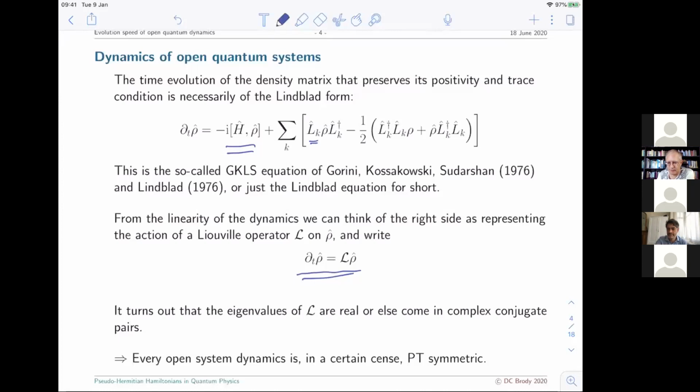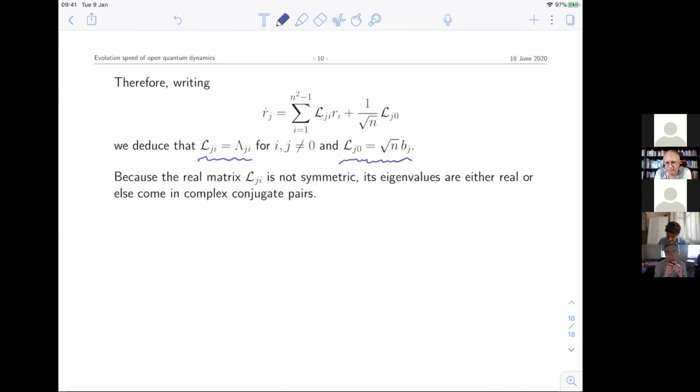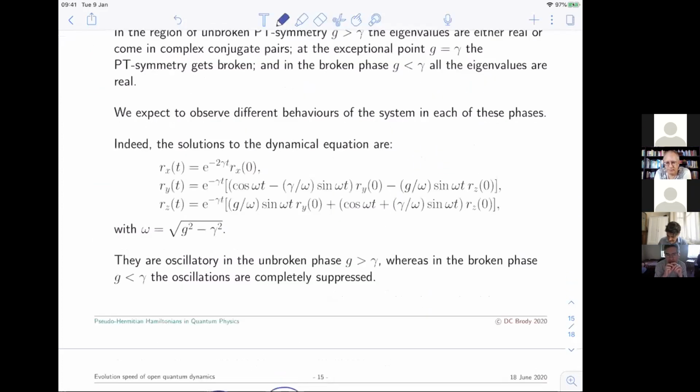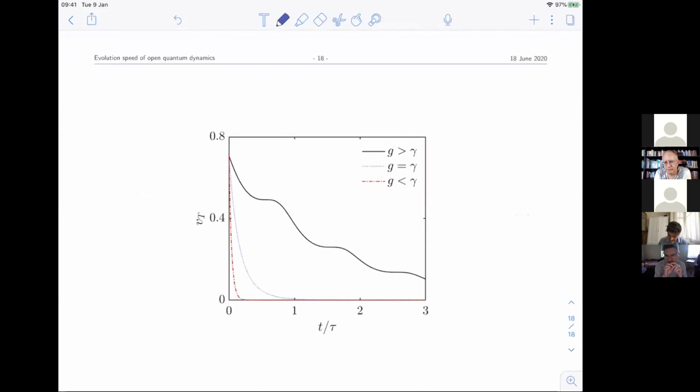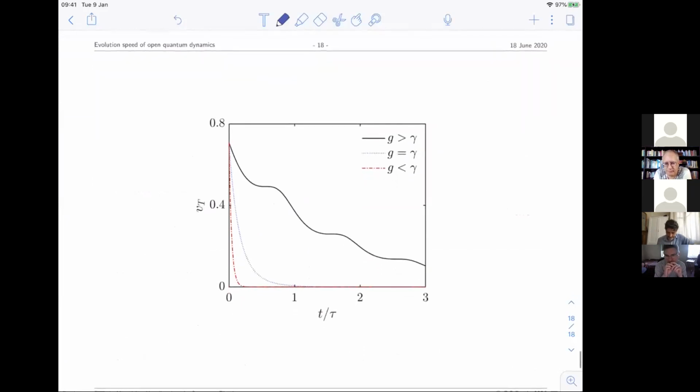Sure, yes. Just related to Federico's question on the final plots, in terms of understanding the speed of decay: for the tangential velocity, how does that vary at a fixed time and a fixed value of gamma as we vary g and go through the critical point?